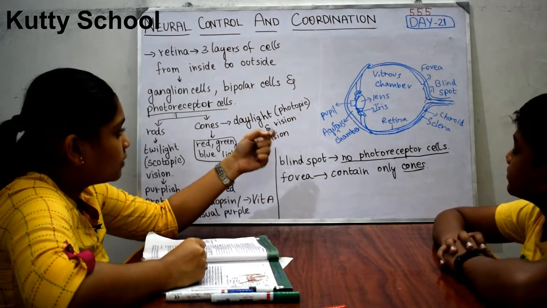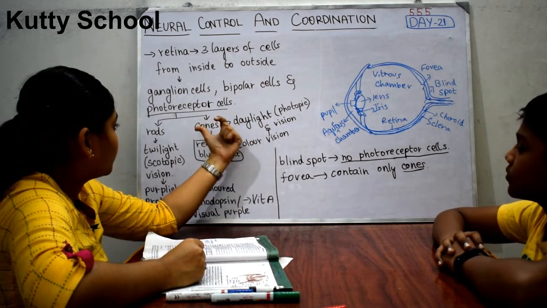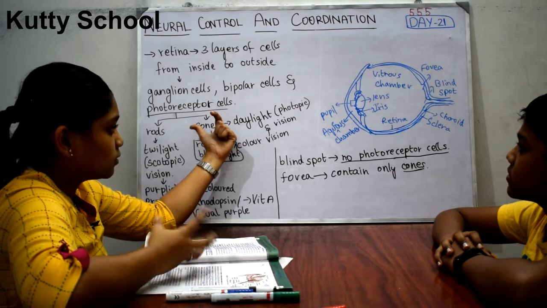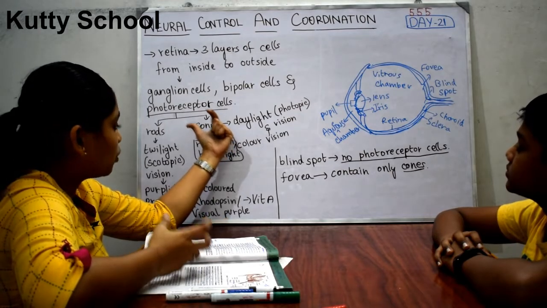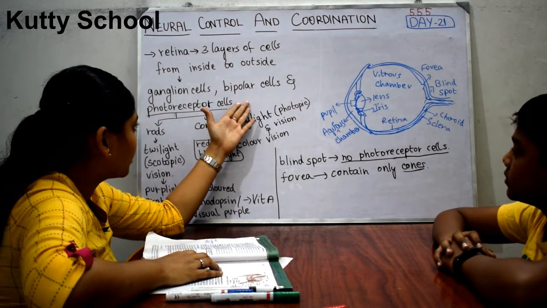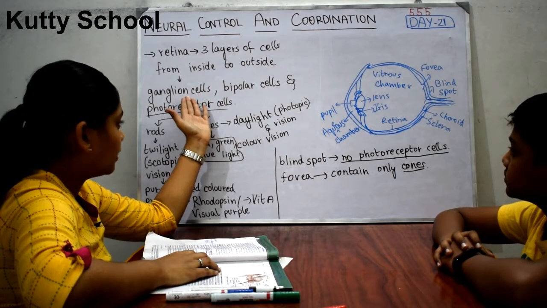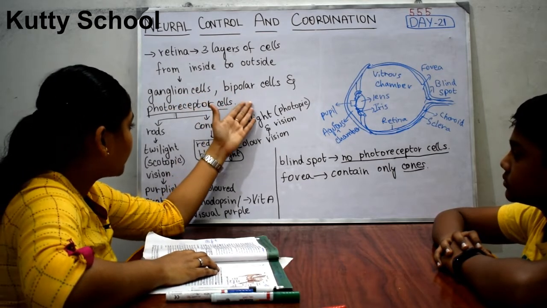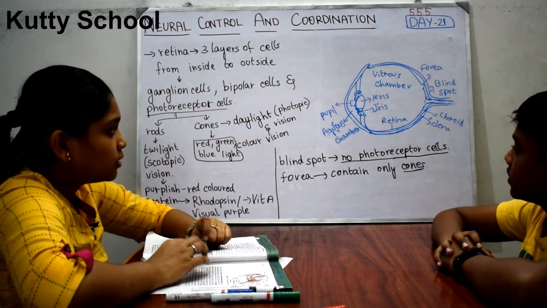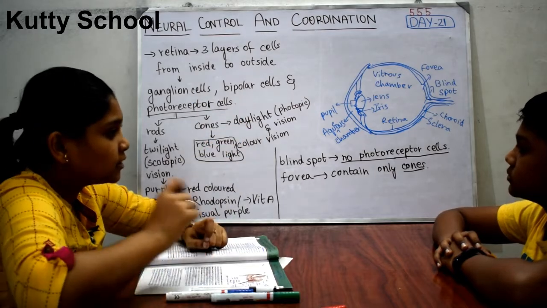Then the photoreceptor cells, rods and cones, transmit the information to the bipolar cells. The bipolar cells transmit the stimulation to ganglion cells. These ganglion cells separate from the bipolar cells and reach the nerves.